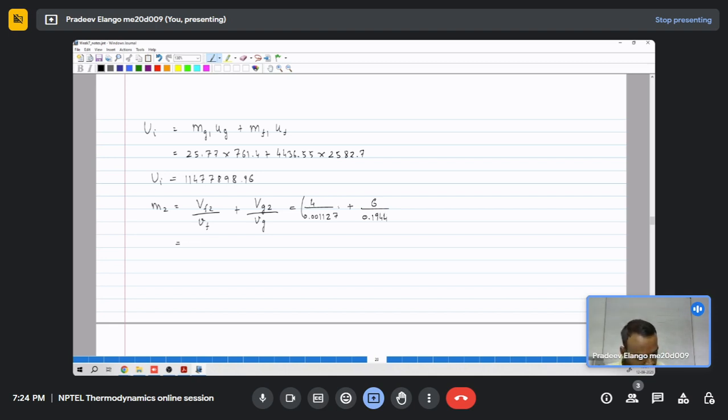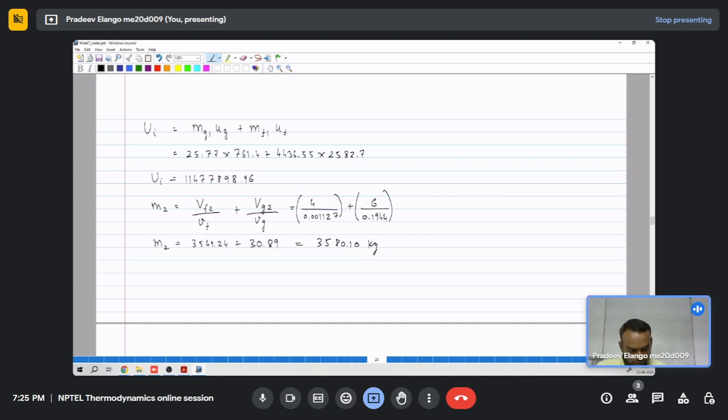Can you get these individually? Vf2 by Vf is 3549.24, the second term is 30.89, and the total is 3580.10.